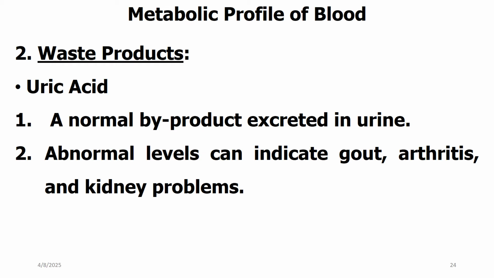The second metabolic profile is waste products. Among these is uric acid. Uric acid is normally found in the blood and is a normal byproduct excreted in urine. Abnormal levels can indicate gout, arthritis, and kidney problems.